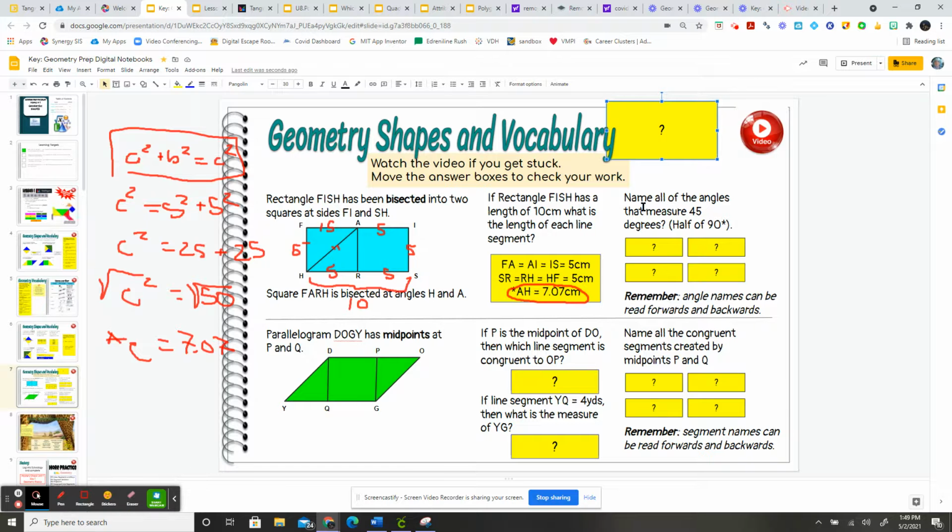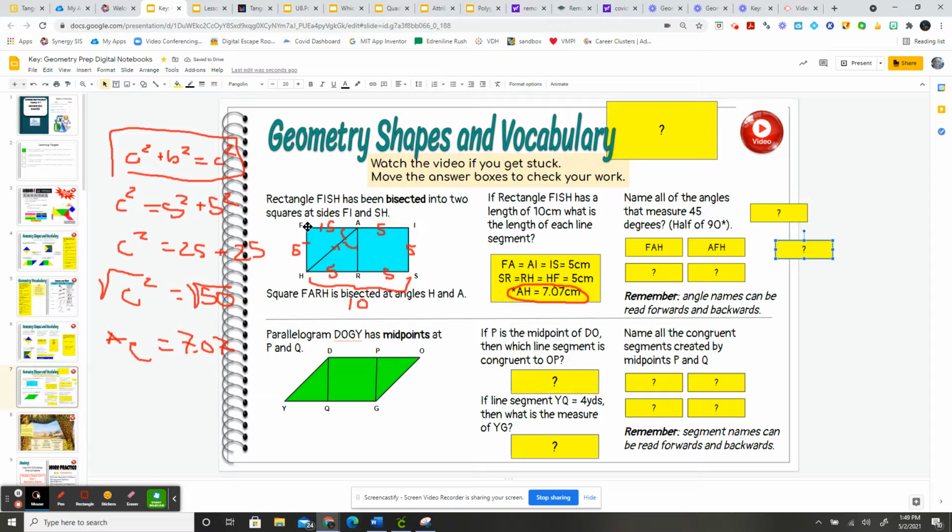Name all of the angles that measure 45 degrees, or half of 90. So if you know that these angles are 90 degrees, then FAH is 45 degrees. That's this one here. Let's mark that with purple. This angle here, FAH, and then RAH is also going to be 45 degrees.